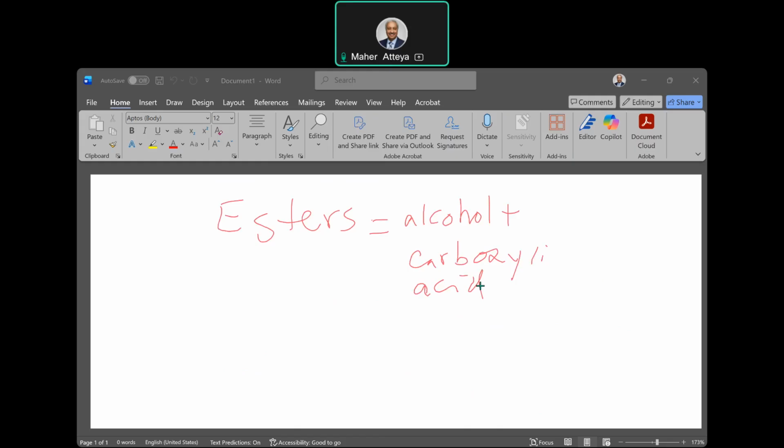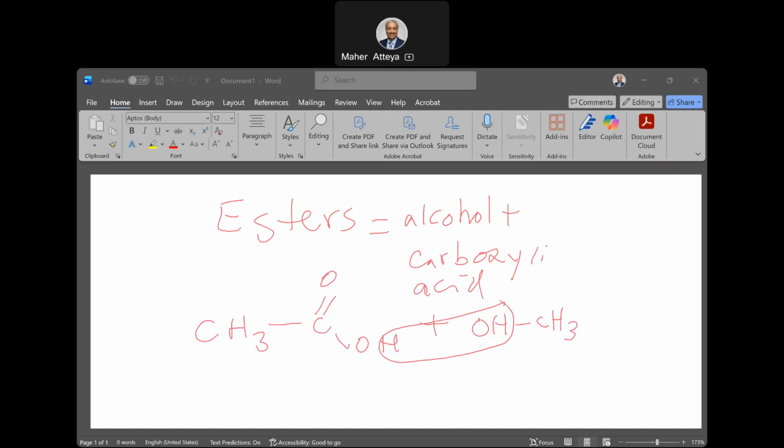So if you have, for example, acetic acid, which is a carboxylic acid, and you let it react with methanol, OH with one methyl group, the H will be taken off the acid along with the OH of the alcohol. Then you will have something looking like this: COOCH3.